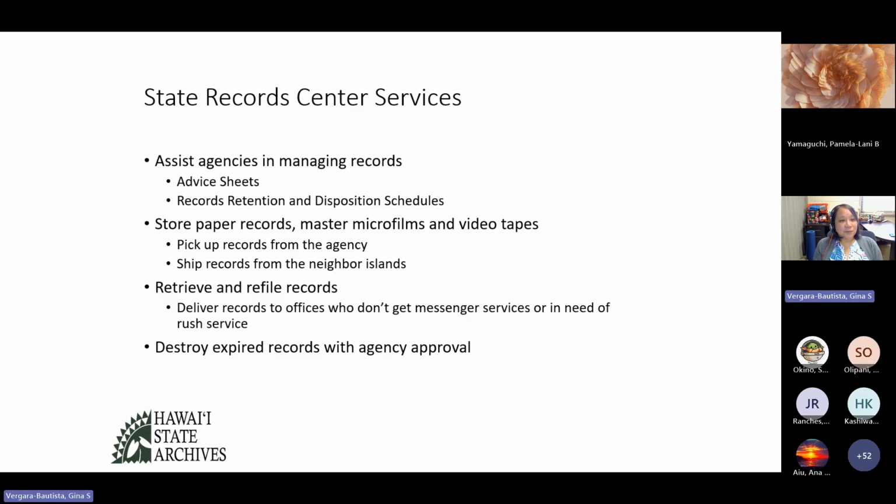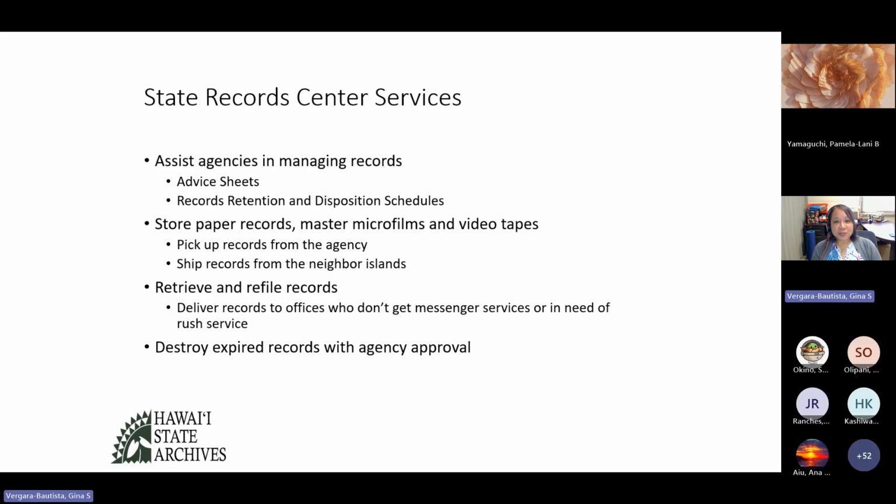We will retrieve and refile records for you. Just because the records are here at the State Records Center, you still own those records. We're just storing them for you. So you still have access to them, and only you have access to them. The other agencies can't access them. The general public can't access your records.